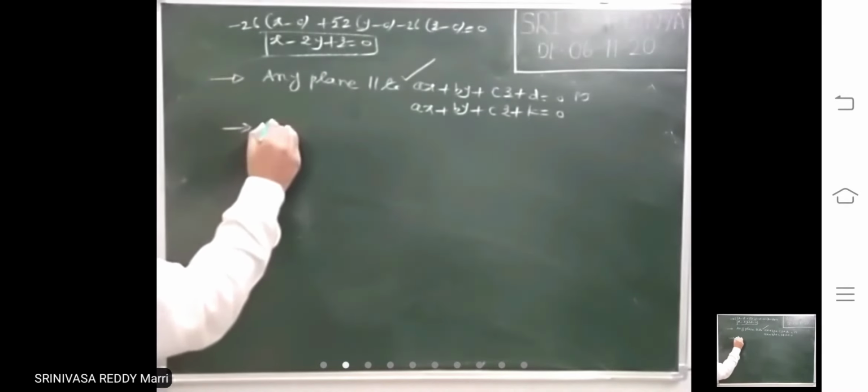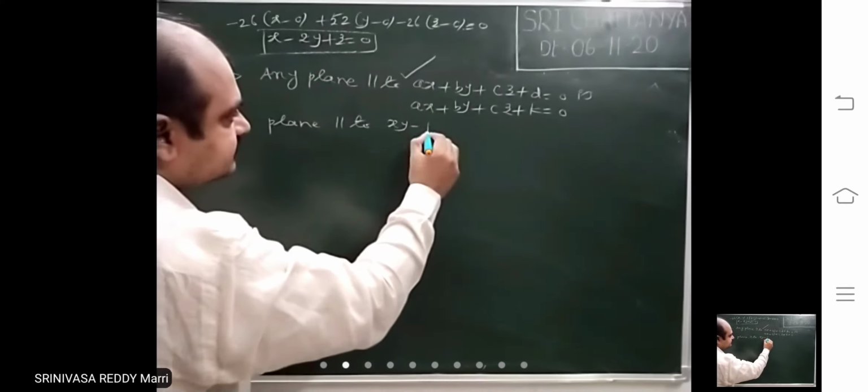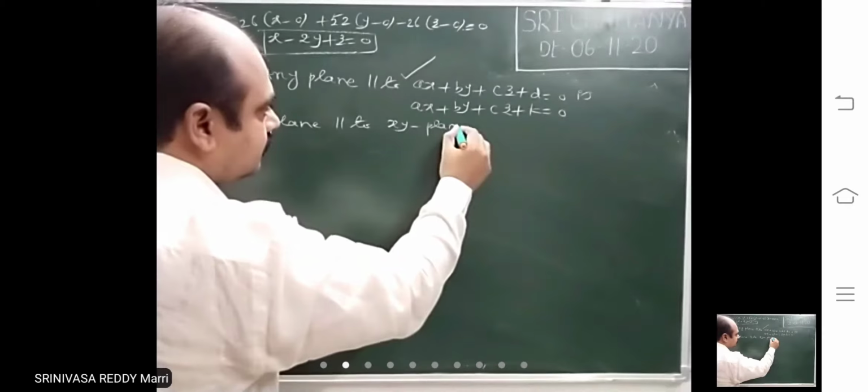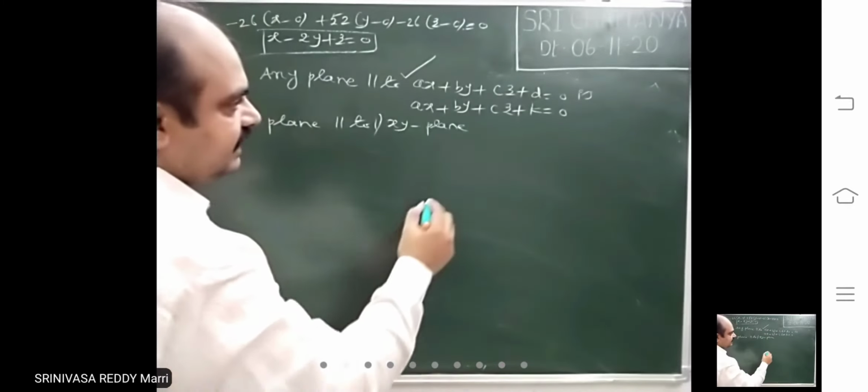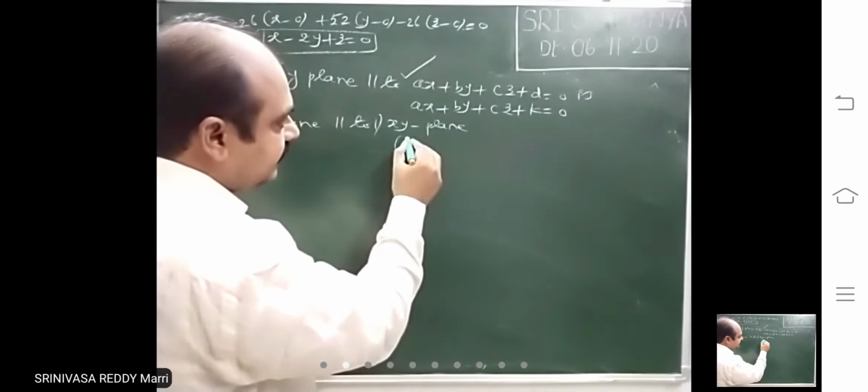Plane parallel to XY plane. Actually, XY plane is what? Z equal to 0. So the parallel plane is Z equal to some constant. Plane parallel to YZ plane.